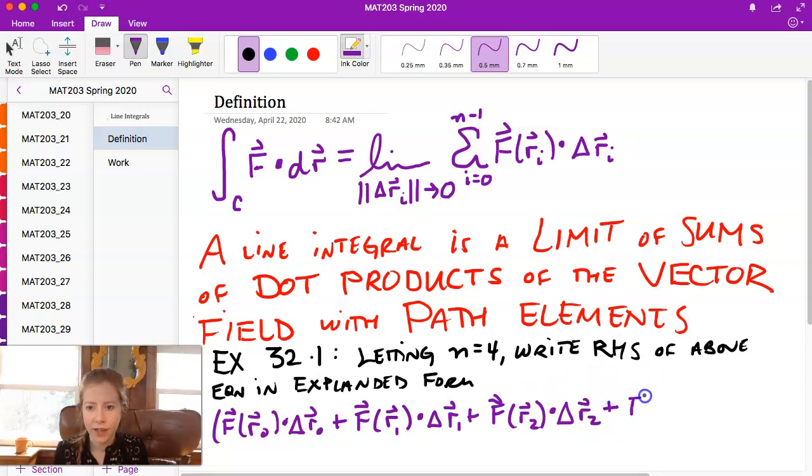And then finally, at our third position, right? Because n equals 4 here.